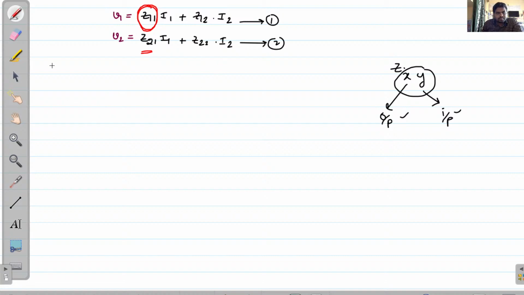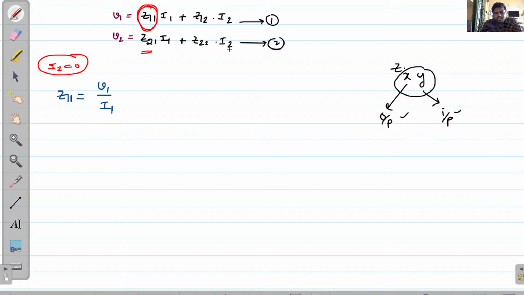Okay, so first, by making I2 equal to 0, I get z11. If I make I2 equal 0, I will get only this expression. So from this expression, z11 equals V1 by I1. Okay, this is one possibility.